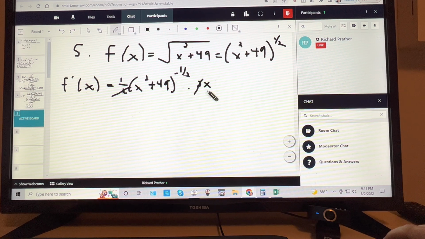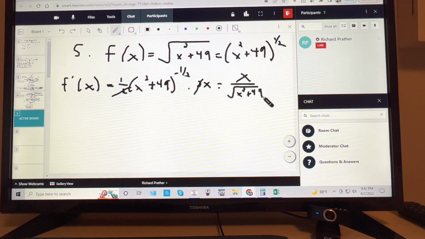You could put the negative 1/2 in the bottom, the x would stay in the top. And then you could have x squared plus 49 in the bottom with a positive 1/2. And then you could change it even back to a radical if you wanted to. Although maybe I shouldn't because we need to do another derivative of it. So there's the first derivative, as simplified as possible.